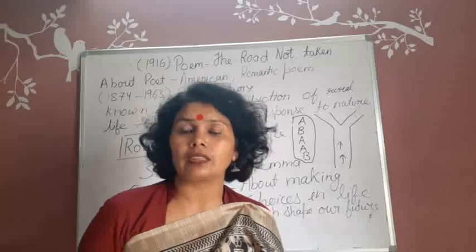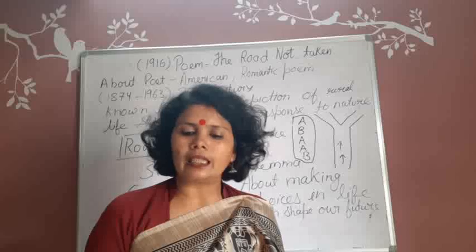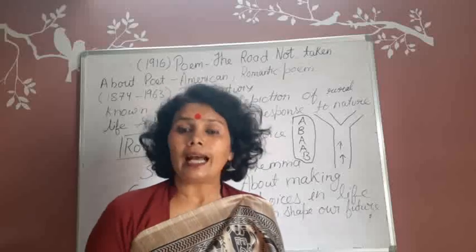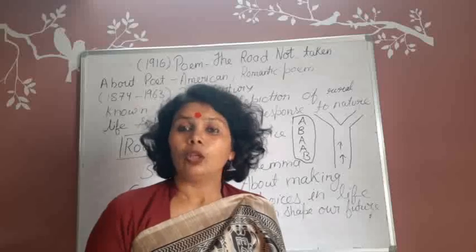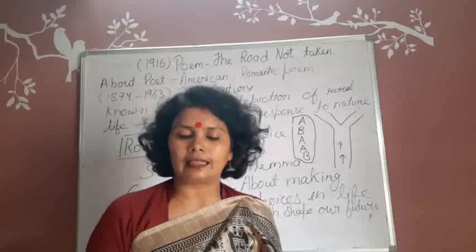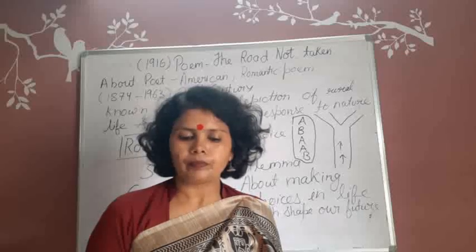I will be first reciting the poem for you. Two roads diverged in a yellow wood, and sorry I could not travel both and be one traveler, long I stood and looked down one as far as I could, to where it bent in the undergrowth.